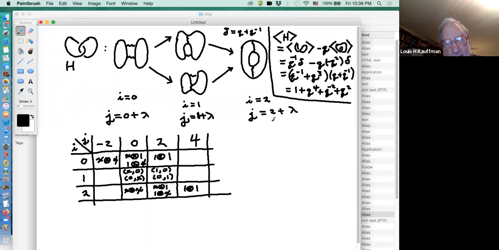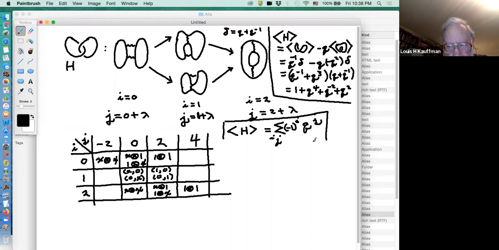Now, on the other hand, we should get that the value of this is equal to the sum on i and j of minus 1 to the i times Q to the j, right? That's our monomial expansion formula for the bracket.